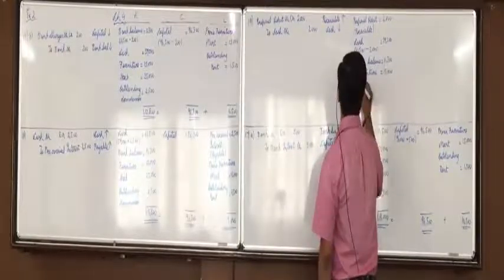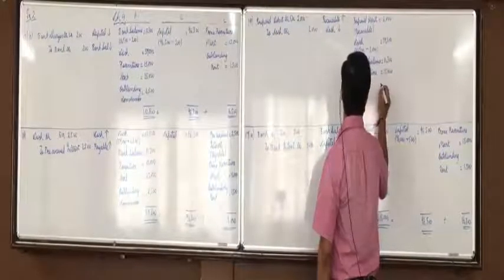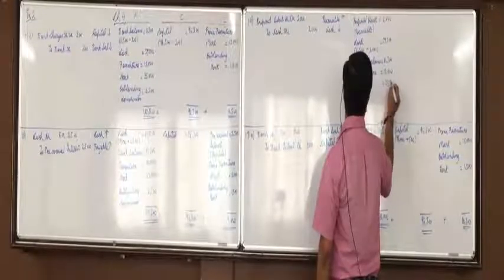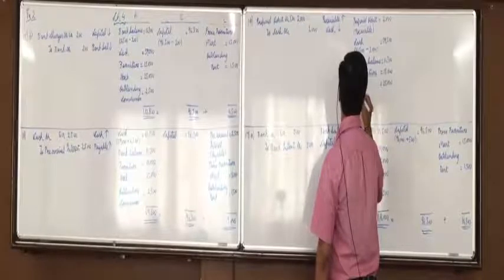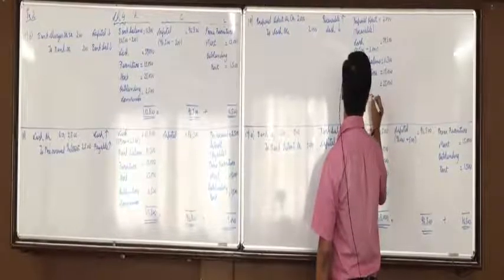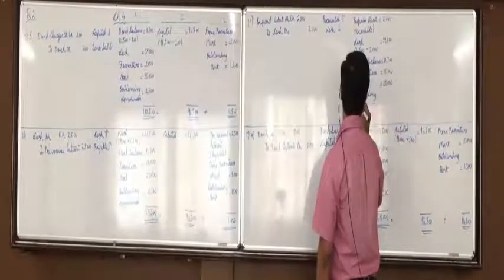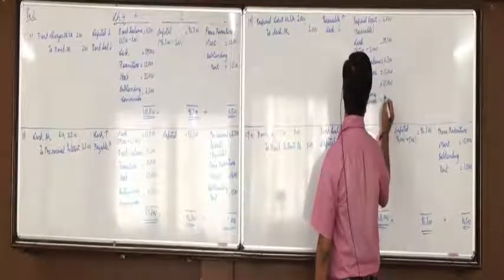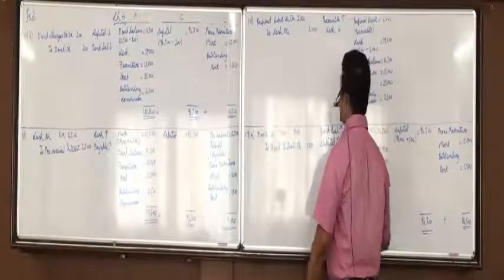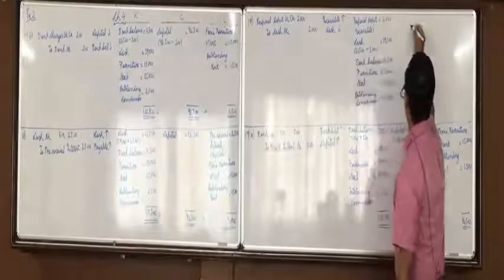Stock 25,000 as it is. Outstanding commission 2,500 as it is. Capital 96,300 as it is.